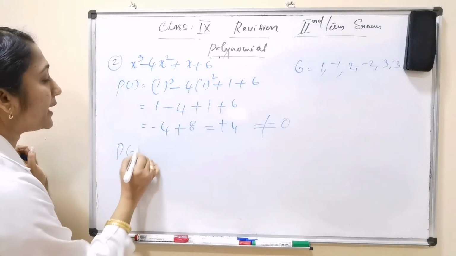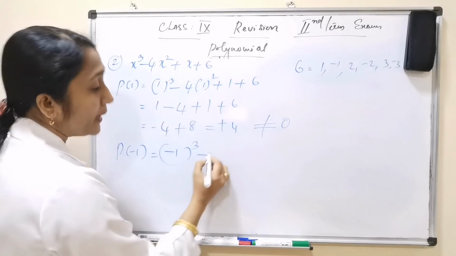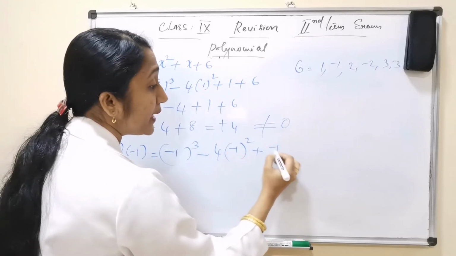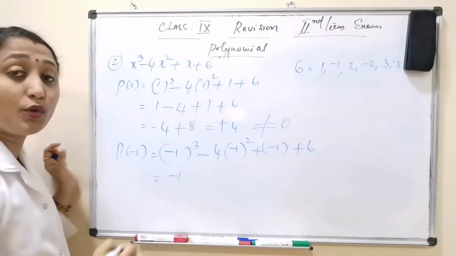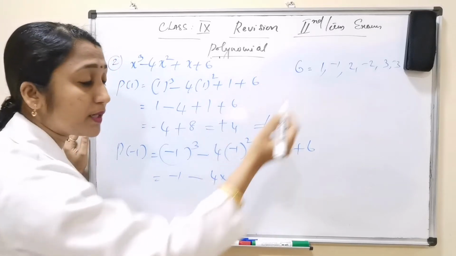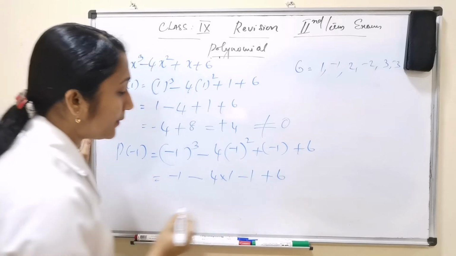So P of minus 1 equal to minus 1 the whole cube minus 4 into minus 1 the square plus minus 1 plus 6. Let us check. Minus 1 cube is minus 1, minus 4 into minus 1 square is plus 1, here minus 1 plus 6.